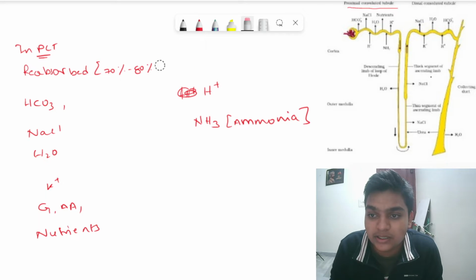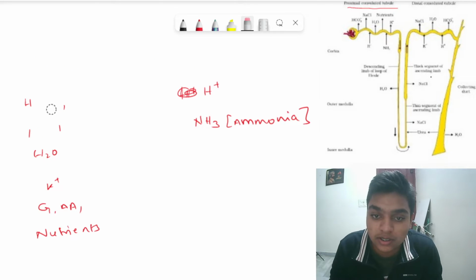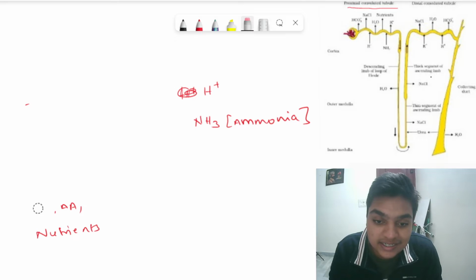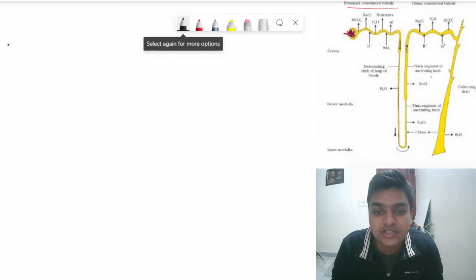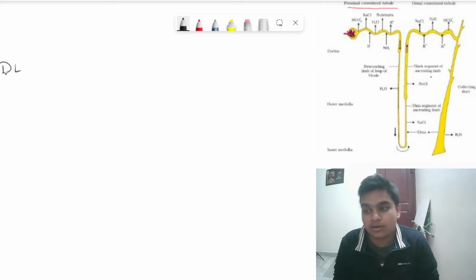Now coming to the DCT part, sorry, not DCT, the descending limb of loop of Henle. Let us see the DL part. This is a little easy to remember.